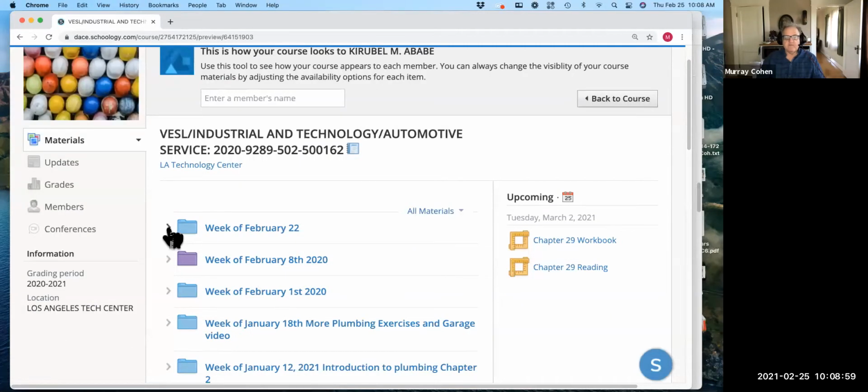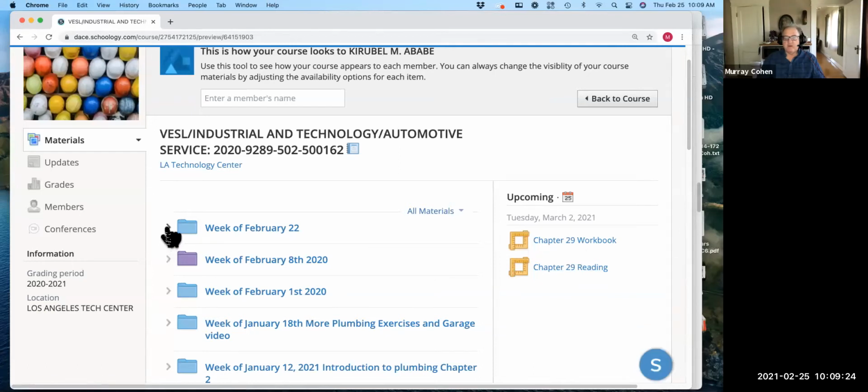The week of February 22nd, that's where you want to be. And you have two assignments over here on the right. This shows you what's upcoming in this class. These are due on March 2nd, which is, I think, Tuesday. First you want to read the reading, and the other one is the workbook.